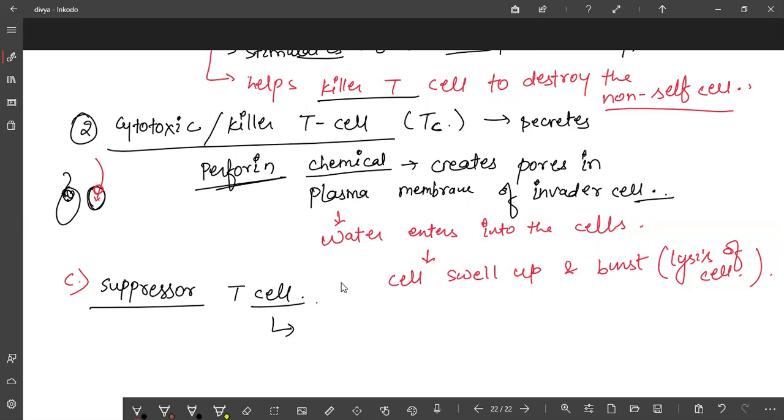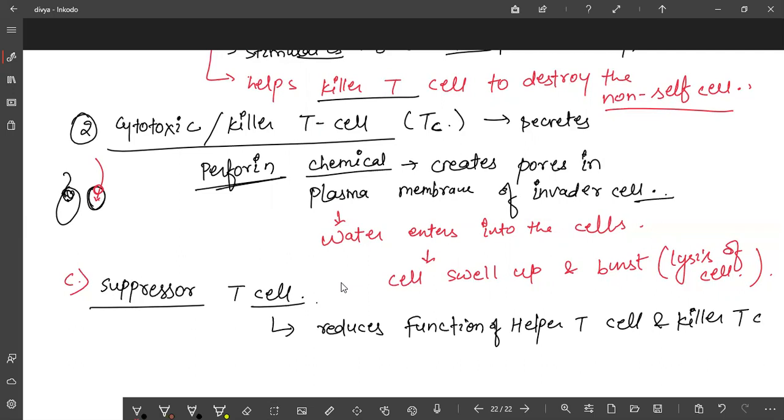So you can say it reduces the function of helper T cell and killer T cell, so that the immune system does not work against self antigen.